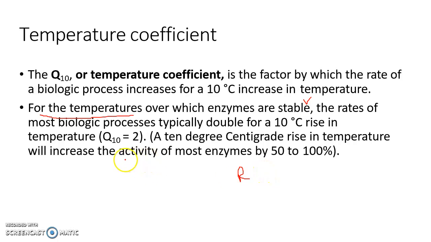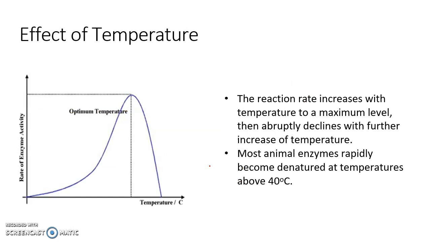So that's why Q10 equals 2. A 10 degrees centigrade rise in temperature will increase the activity of most enzymes by 50 to 100%. Clear? This is regarding the temperature coefficient.